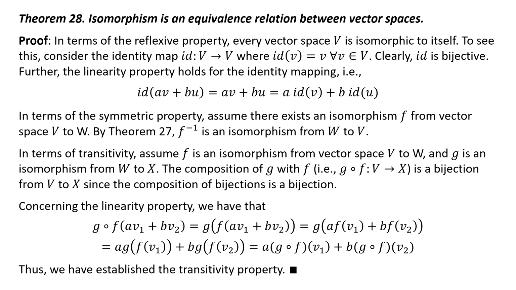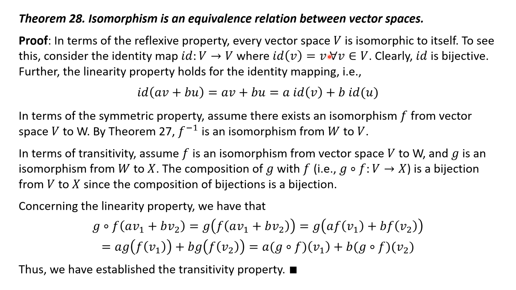The following theorem establishes that the relationship of isomorphism is an equivalence relation among vector spaces. So we have to show reflexivity, symmetry, and transitivity. So in terms of the reflexive property, every vector space is isomorphic to itself. We can prove that fairly simply. Take the identity mapping from V to V, where every vector v in our vector space V gets mapped to itself.